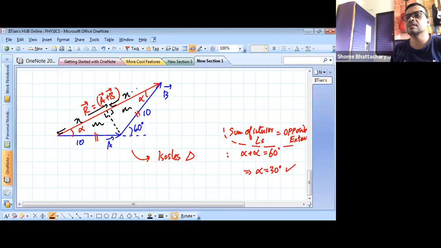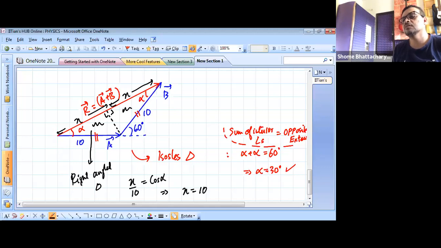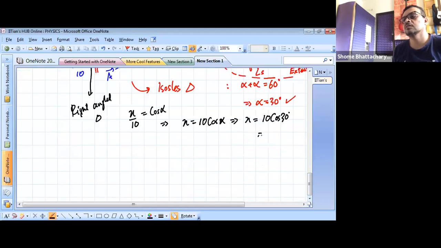So for each of these right angle triangles, if you use trigonometry, x upon 10 is equal to cos alpha. So x is becoming 10 cos alpha, that is 10 cos 30, so that is 5 root 3.